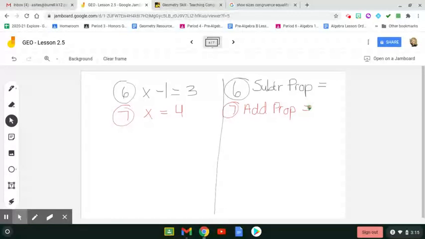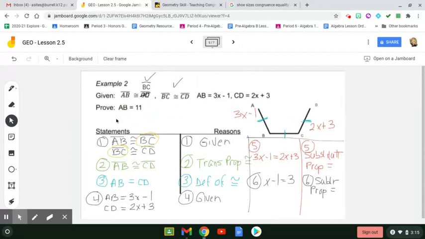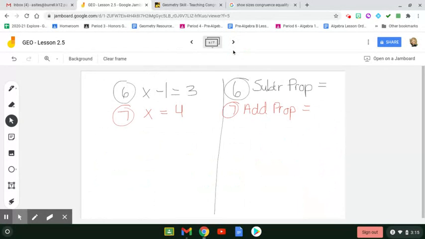All right, so I got that x equals 4, but I don't think that's what I was trying to prove. I'm trying to prove that AB is equal to 11. Well, I know that AB is equal to 3x minus 1. So I'm going to make a statement in my next statement using that 3x minus 1, maybe with the substitution property.